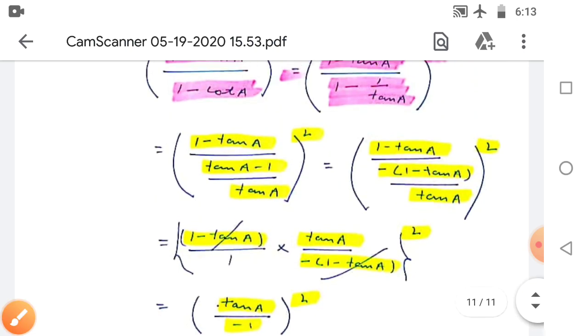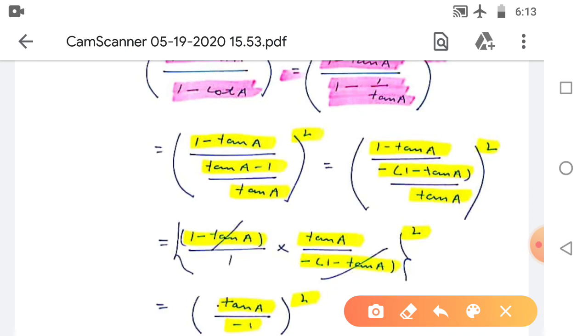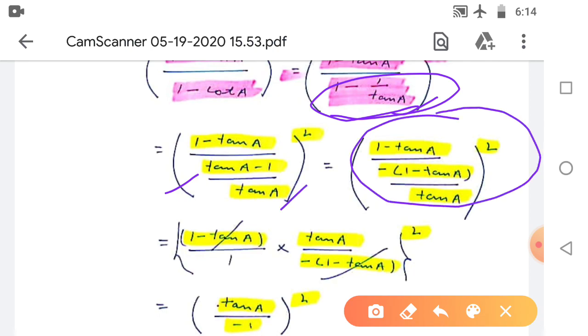Simple. Okay, look at this step. We converted cot A into tan A, no issue about that. Take the LCM here. The LCM is tan A, so it becomes tan A minus 1 upon tan A. Now this is important, because in the numerator above we have 1 minus tan A. So we need to change this tan A minus 1, change its form to be like that. What we have to do is take minus common, so it becomes 1 minus tan A. The moment it becomes 1 minus tan A, it's easy: 1 minus tan A is gone with 1 minus tan A here.